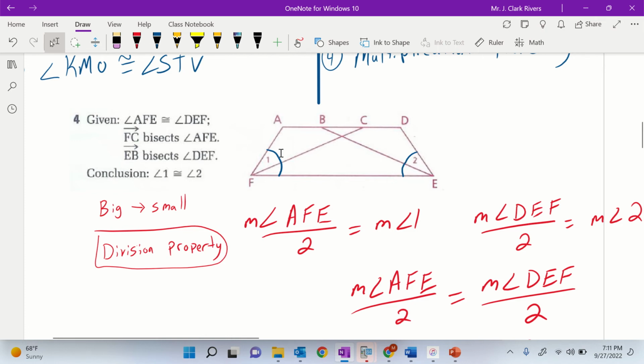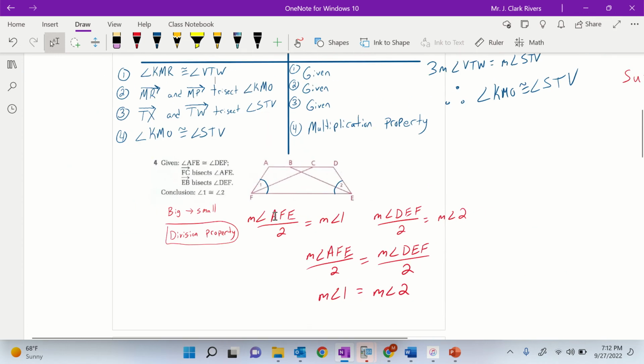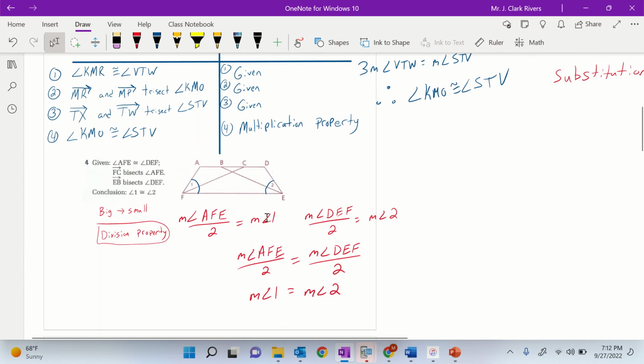We're trying to conclude, or we did conclude, that angle 1 is congruent to angle 2. Well, we're going from a bigger angle down to a smaller angle. The bigger angle has been bisected. That is the division property. Here's all the supporting work for it that you don't have to show, but you should be familiar with it. AFE divided by 2 is equal to the measure of angle 1. DEF divided by 2 is equal to the measure of angle 2.